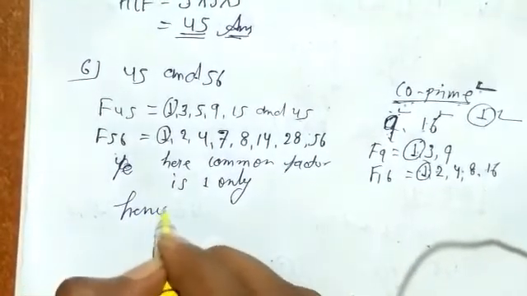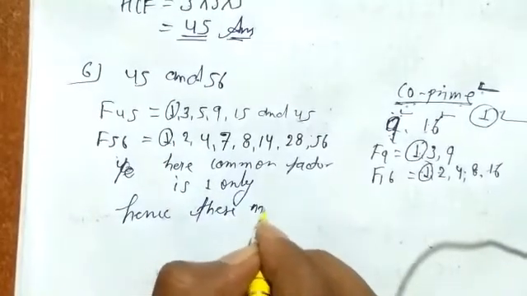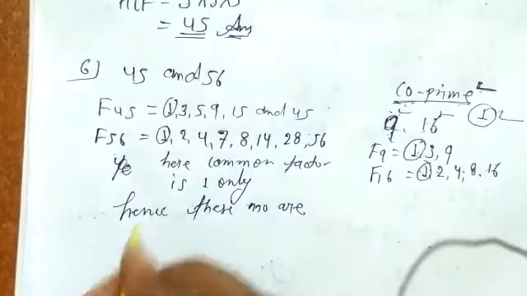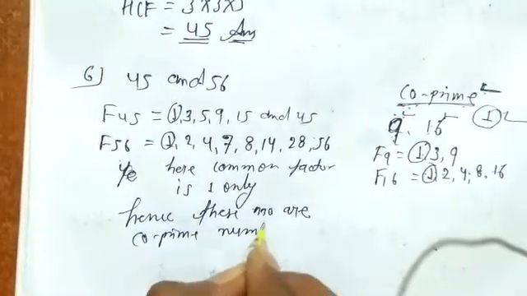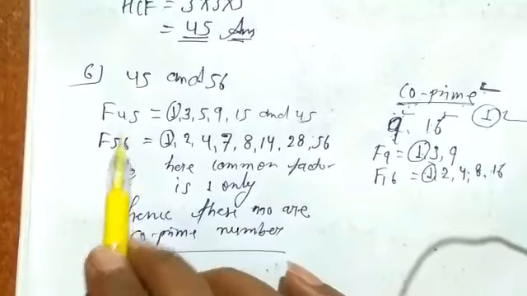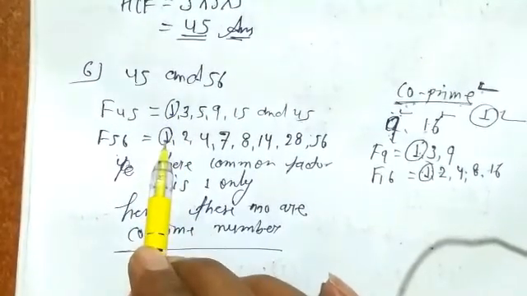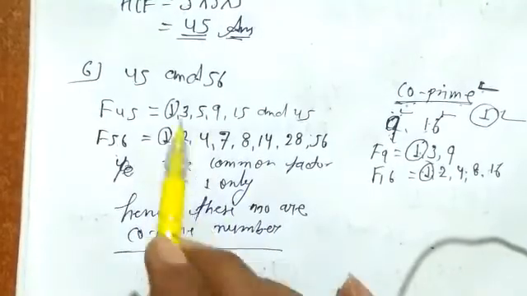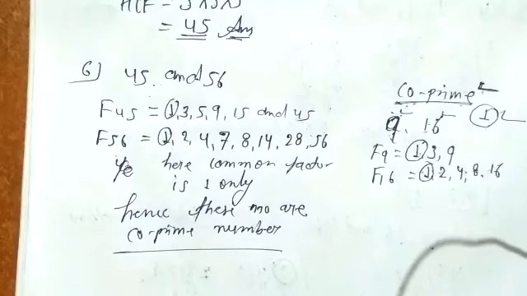Hence, these numbers are co-prime numbers. You can write this statement also. So to find out co-prime numbers, first of all, we find the factors of both the numbers. If they have only one as the common factor, then you can say these two given numbers are co-prime numbers.